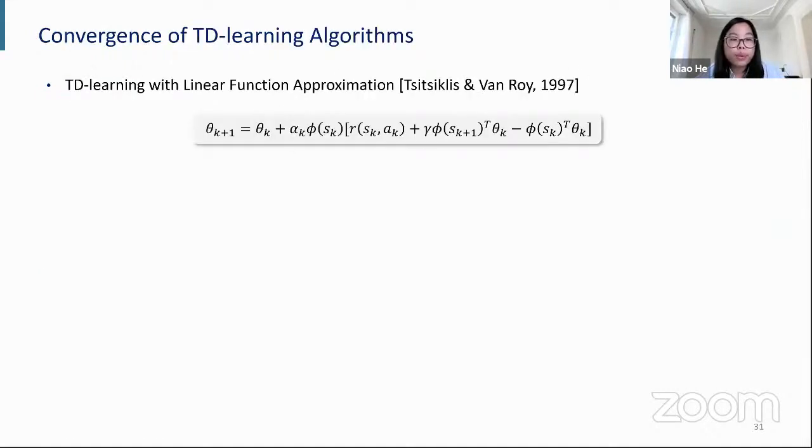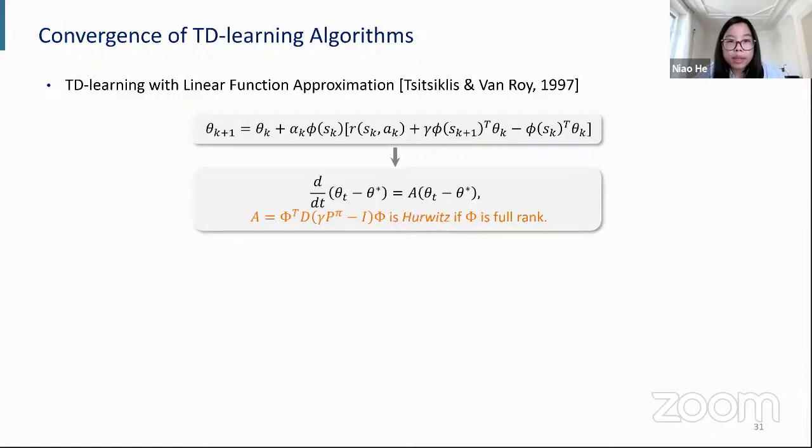Say, for instance, if we look at TD learning with linear function approximation, you can immediately see that the associated ODE of this stochastic approximation is going to be given by some matrix A. This matrix A is the feature matrix phi transpose times D, where D is the diagonal matrix of your stationary distribution mu.